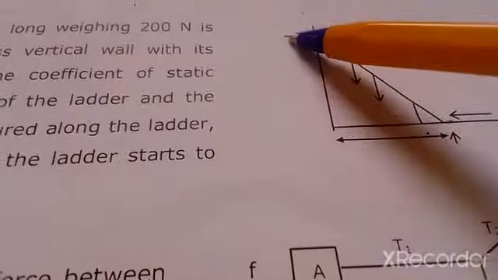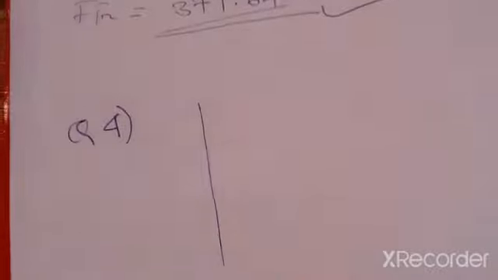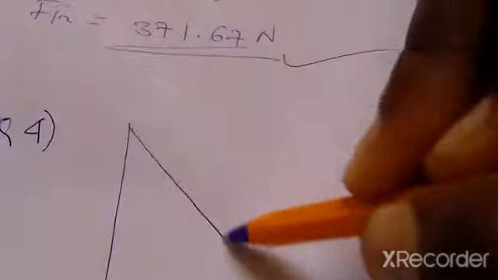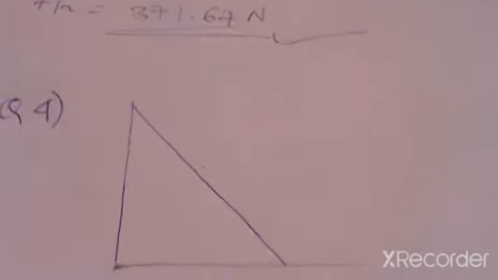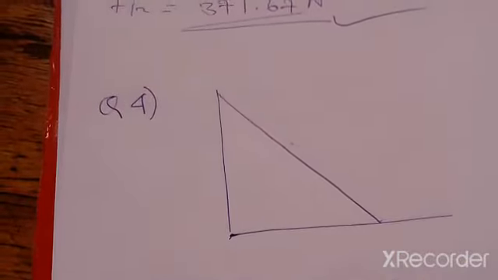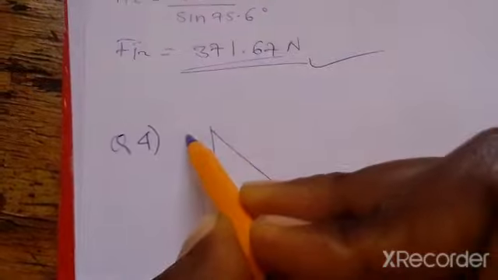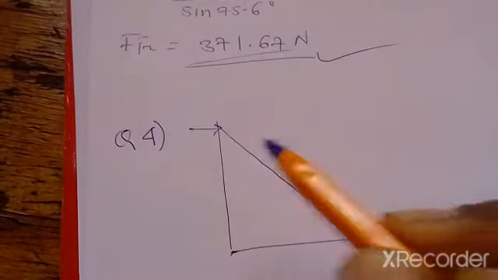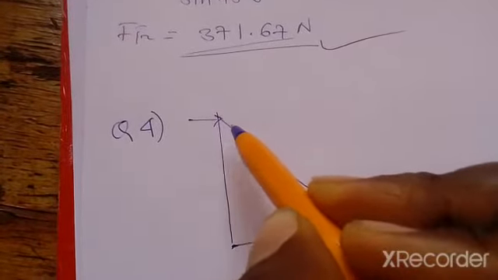I'm going to call it, okay, let's draw the diagram here, I know my drawing is bad. There. Okay, that's the ladder we have. So we have this force, which is acting on the ladder with reference to the wall.